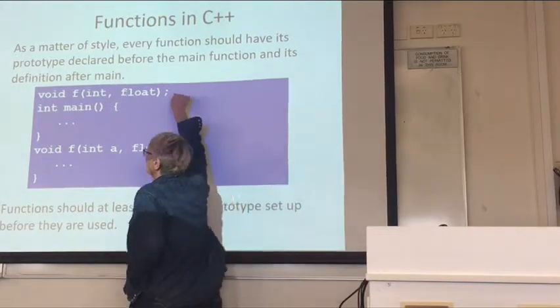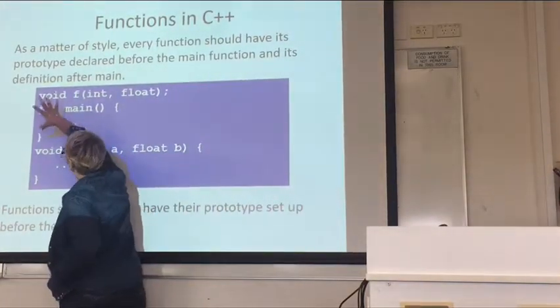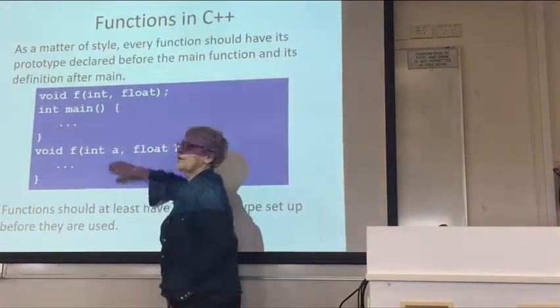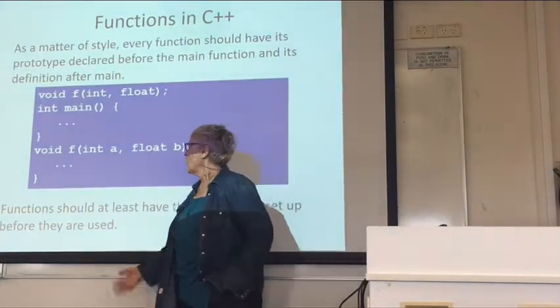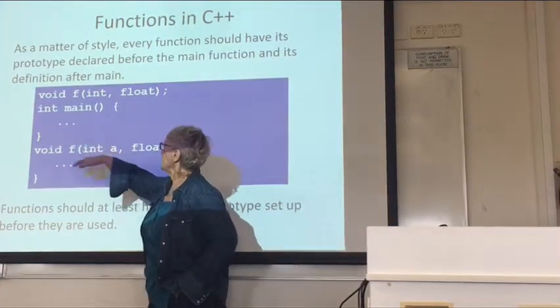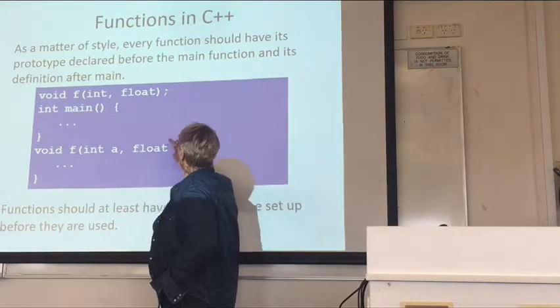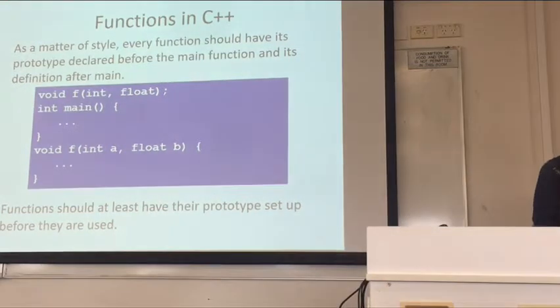So, function prototypes first with comments. For your assignment, main function, and after main, you do the function implementations or function definitions. And of course, for that function definition, you have to copy the heading, including the name of the arguments, because you use them in your functions.